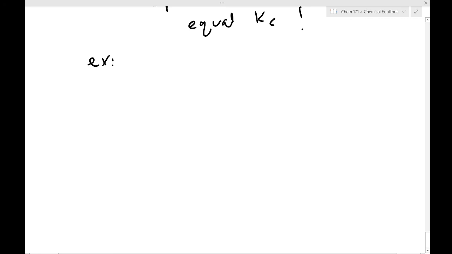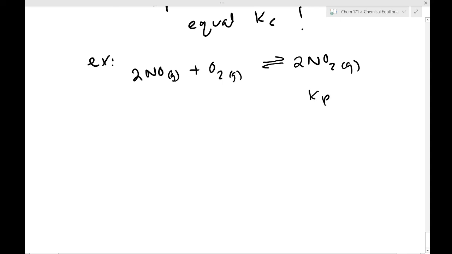Okay, so say we have some reaction between NO gas and oxygen gas to form NO2 gas. We have a Kp for this.